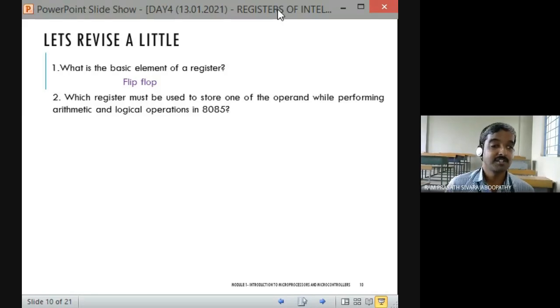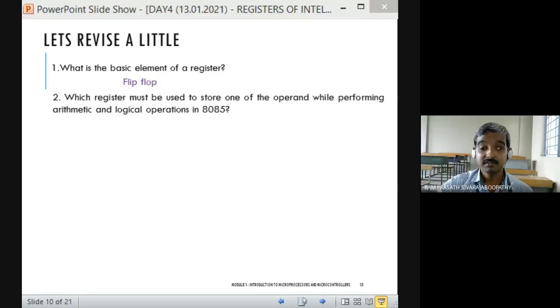Fine. Which register must be used to store one of the operands while performing an ALU operation? Can you type it in the chat? Yes, many of you are typing accumulator register.